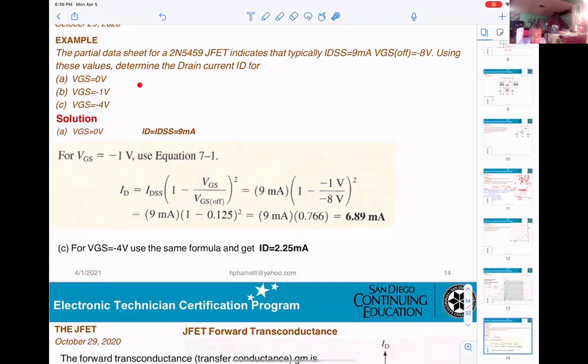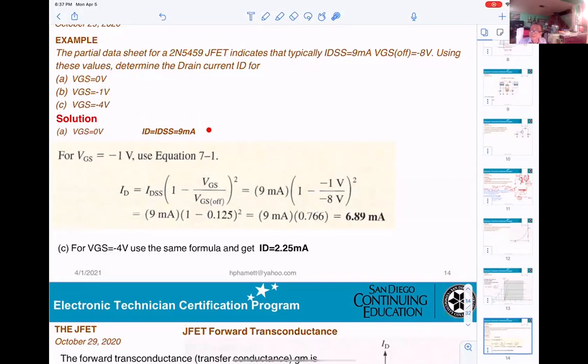What does ID equal? IDSS, that's right here.